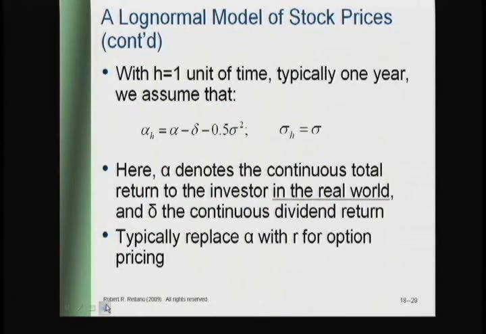So a typical log-normal model of stock prices is to define a unit of time, a unit of one, to be a year. You do not have to parameterize your model that way, but it's a common way that one finds in the financial literature.